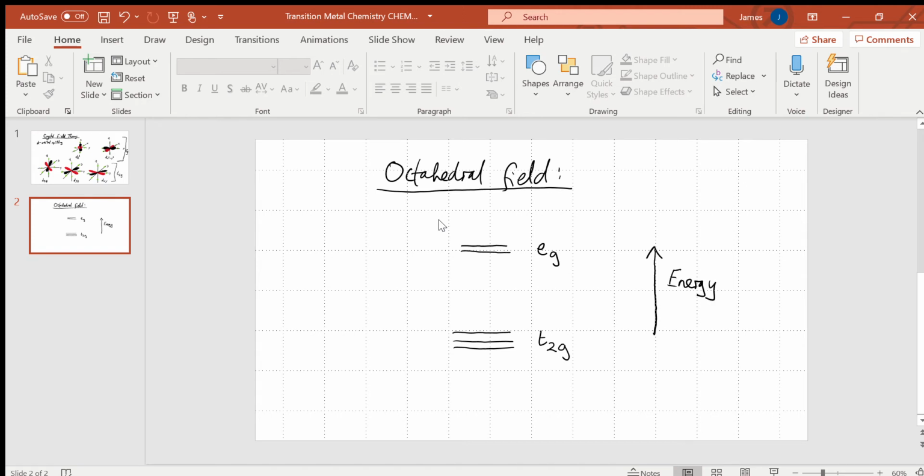And originally, we had our 5 d-orbitals. So this is the 5 d-orbitals.